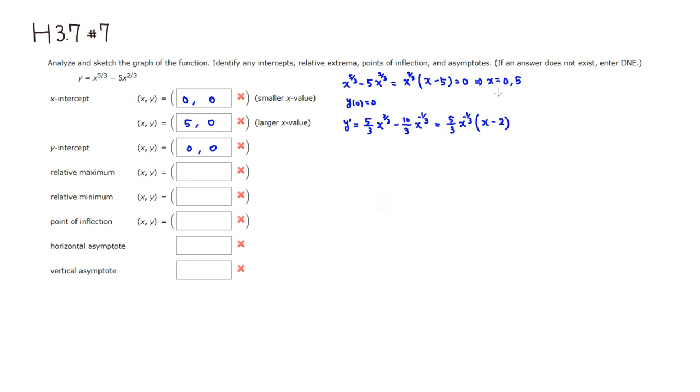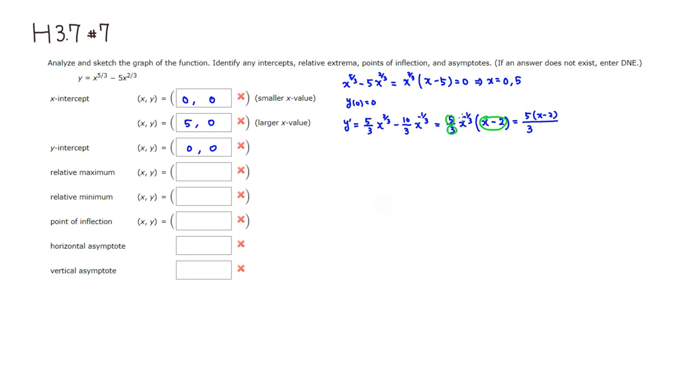We want to set this equal to 0. Actually, before we do that, maybe I'll rewrite it. 5 is on top, and x minus 2 is on top too. Those are the two living upstairs, and 3 is on the bottom.